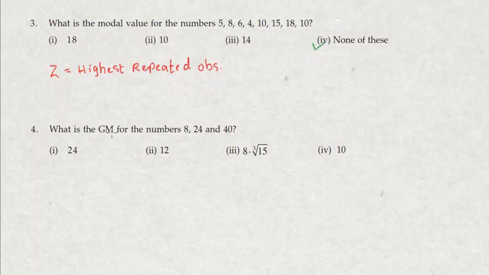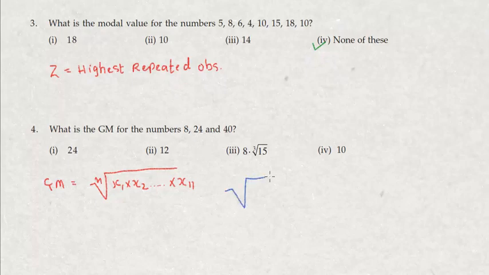What is the geometric mean for the numbers 8, 24 and 40? The formula for the geometric mean is the nth root of the observations x1 into x2 up to xn. So here in our case there are 3 observations, so the formula can be applied like this.